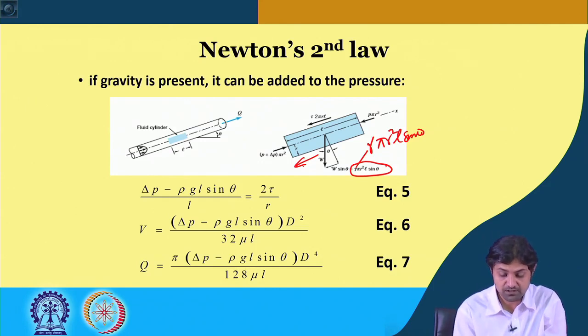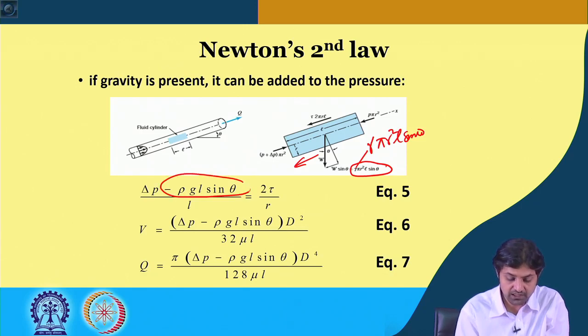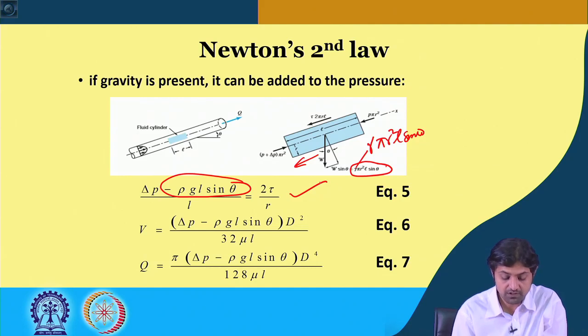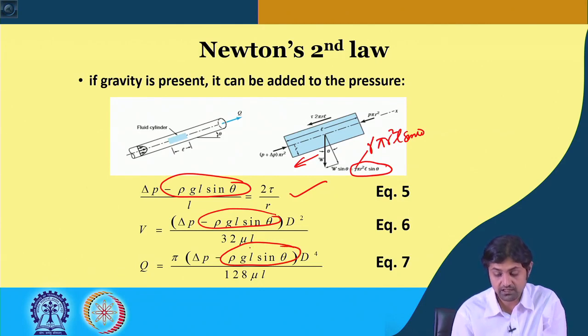Because of which our analysis will change a bit, but what happens is, instead of delta P, we are going to get components like minus rho g L sin theta in equation number 1 when we calculate the velocity, and Poiseuille's law will change with minus rho g L sin theta.